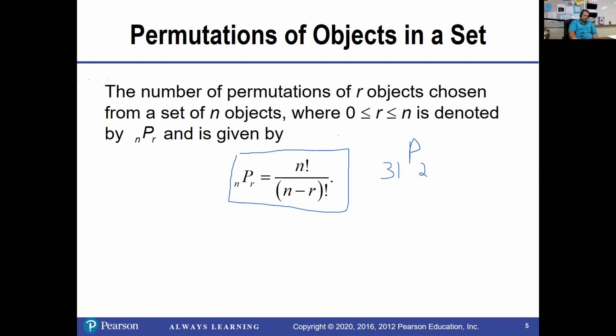There's a shortcut to this, but by this formula, the n, 31, would be 31 factorial over 31 minus the 2 factorial. Okay, which would be 31 factorial all over 29 factorial.